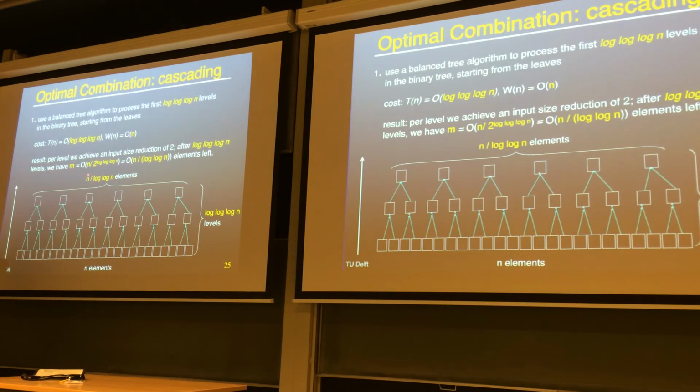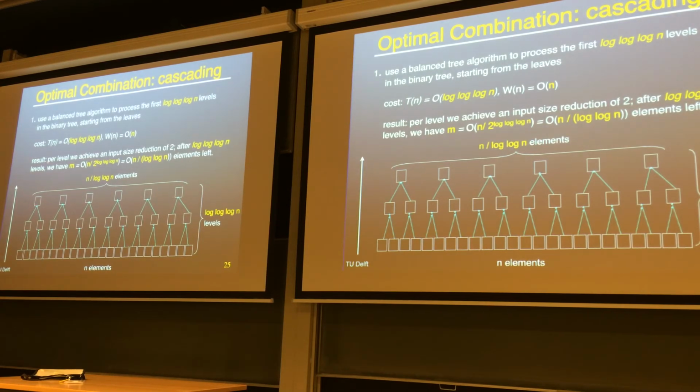So what we have obtained here is a number of elements that's equal to n divided by log n. Please remember that log n simply is 2 to the power log log n. And if you process k levels, then you will end up with n divided by 2 to the power k during this halving procedure.